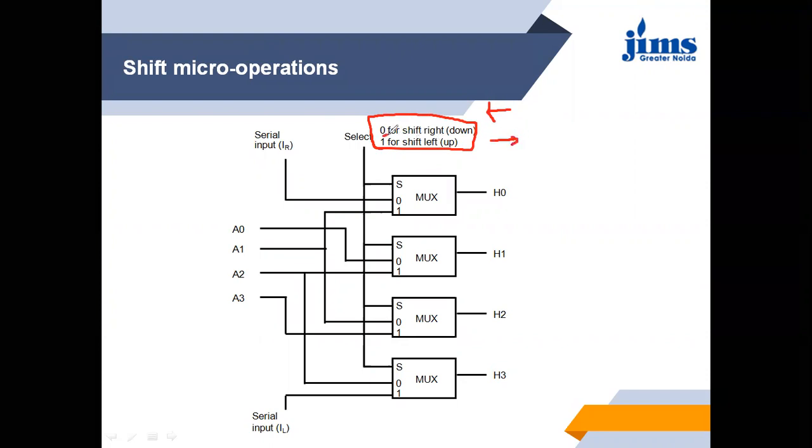Suppose the value of the selection line is 0, it means we are going to perform a shift right, and if the value is 1, it will perform the shift left. These are the different values on which we have to perform the operation. So this is a single circuit by which we can perform all the different shift operations.